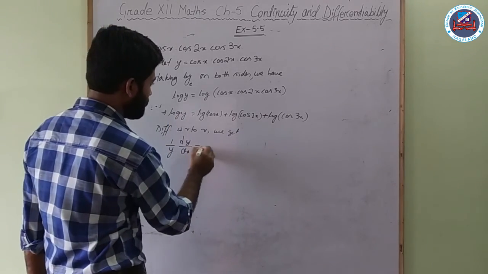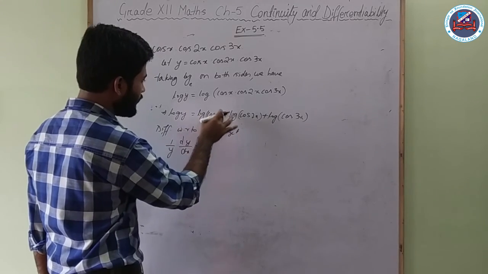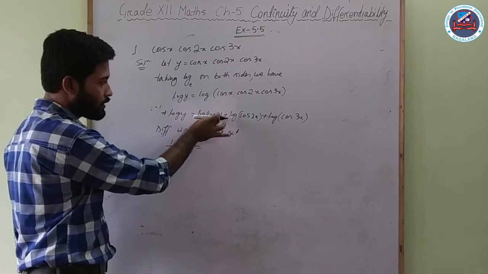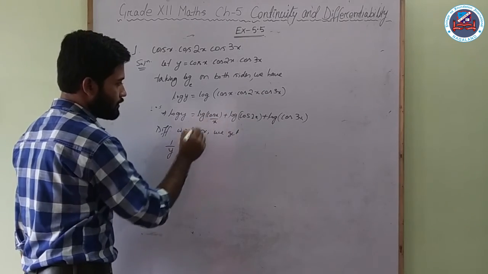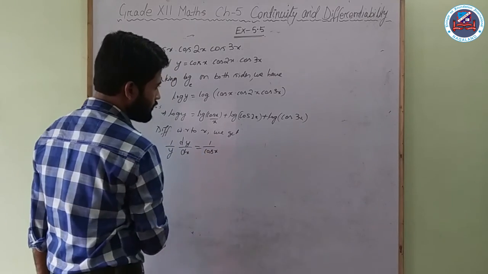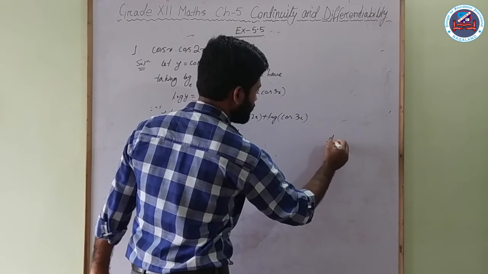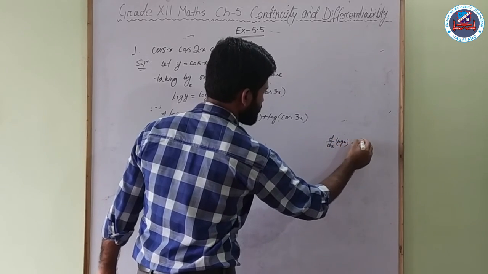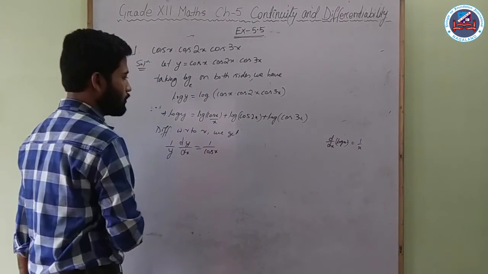This is equal to, so again if I take the differentiation of log cos x, consider cos x as x here. So this will be 1 by cos x, using the formula d/dx of log x is equal to 1 by x. So we are using that formula here.